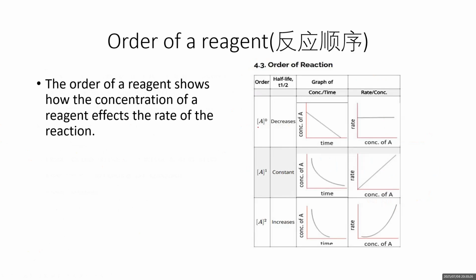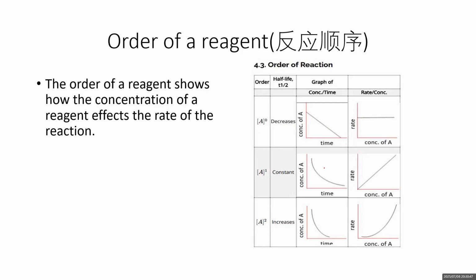But all things being equal, if we have a reaction where reagent A is of order 0, this is what its concentration as a function of time is going to look like as the reaction proceeds, and the rate will be constant as a function of concentration.